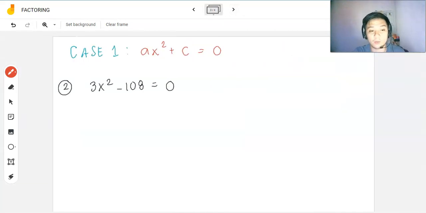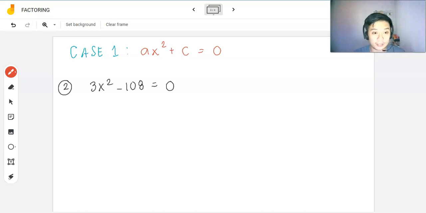We have 3x squared minus 108 equals 0. This is, again, written in standard form na. But, look at this quadratic polynomial or quadratic binomial. 3x squared minus 108. Yes, this is the case of difference of two numbers, but not difference of two squares. So what do we do?